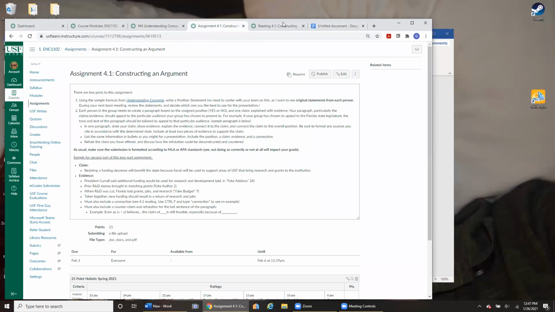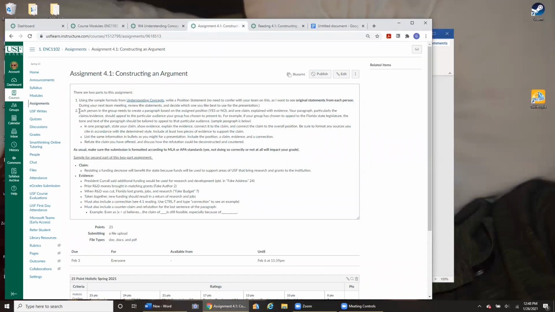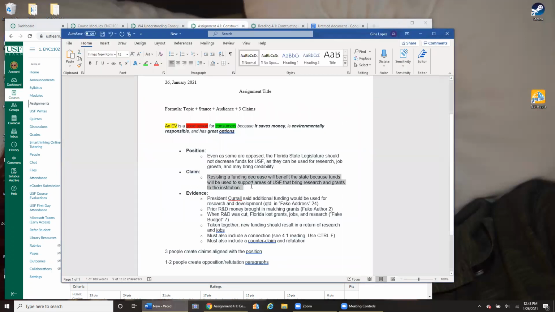So for the assignment, the first part is to do what we already discussed. You look at the formula for writing a position statement and you write one as best as you can. You do not need to get with your group on this unless you're confused about which audience you and your group decided on. You're drafting that for the assignment. The second part of the assignment is this.